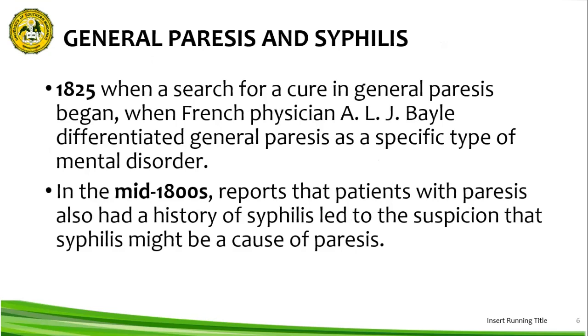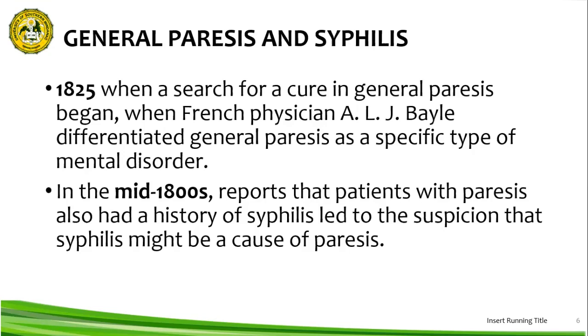Now, let us understand general paralysis and syphilis and how these two diseases are connected. It could be traced back to 1825, when the search for a cure for general paralysis began, when French physician A.L.J. Bayle differentiated general paralysis as a specific type of mental disorder. Bayle gave a complete and accurate description of the symptom patterns of paralysis.